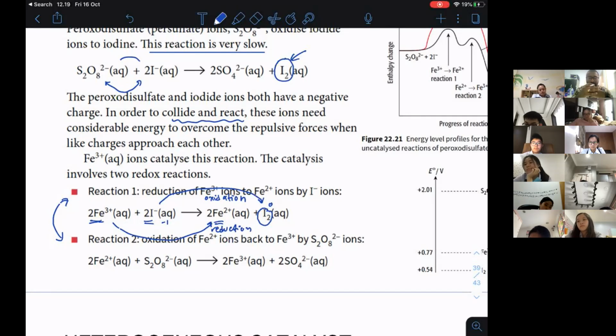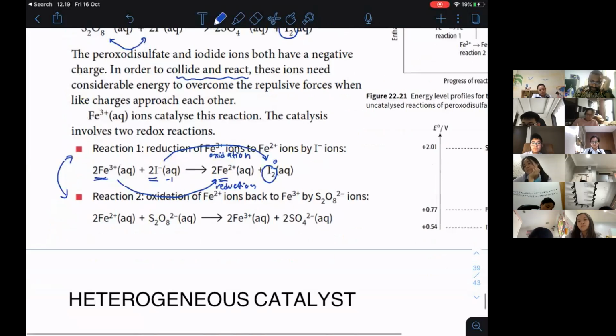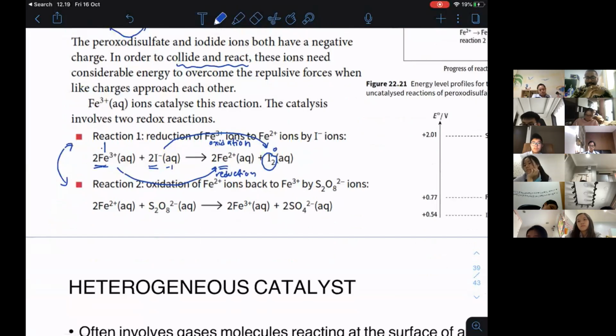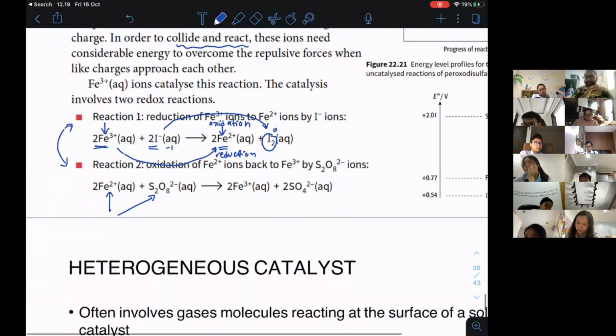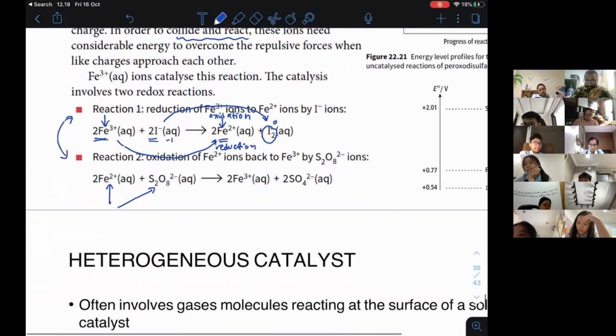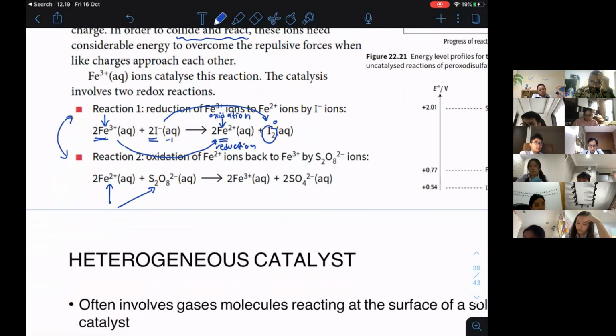What I can do, you don't need to add anything, because the moment you add Fe3+, the Fe2+ is formed. The Fe2+ will react with the S2O8 persulfate ion, and will change into Fe3+.